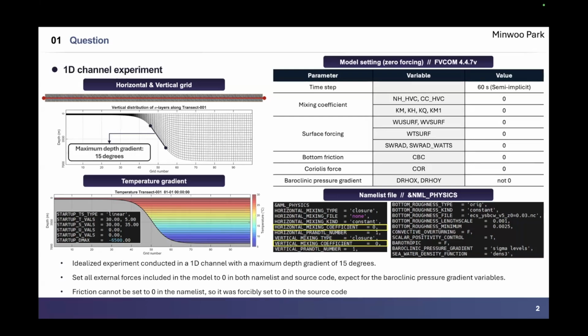But the baroclinic pressure gradient is not 0. You definitely need to calculate the baroclinic pressure gradient, right? You said you idealized the experiments to conduct a 1D channel. Be really careful how you set the channel, because this should be 3D, right?